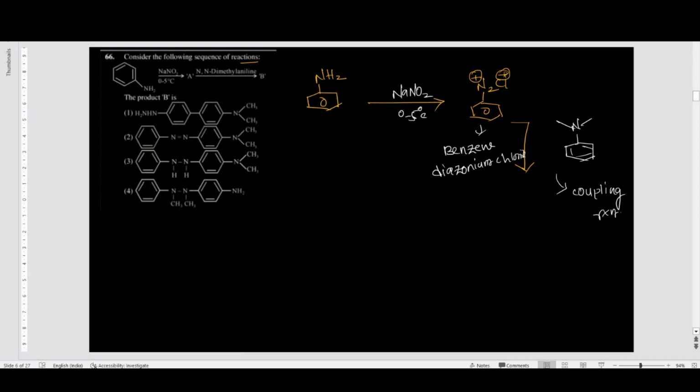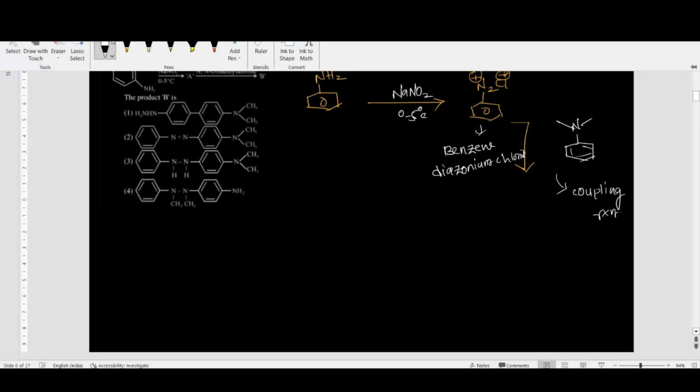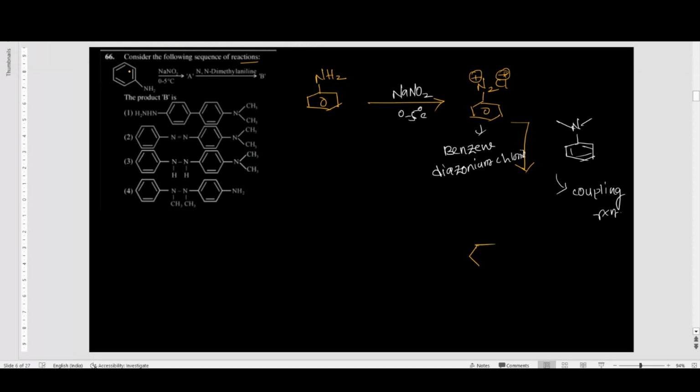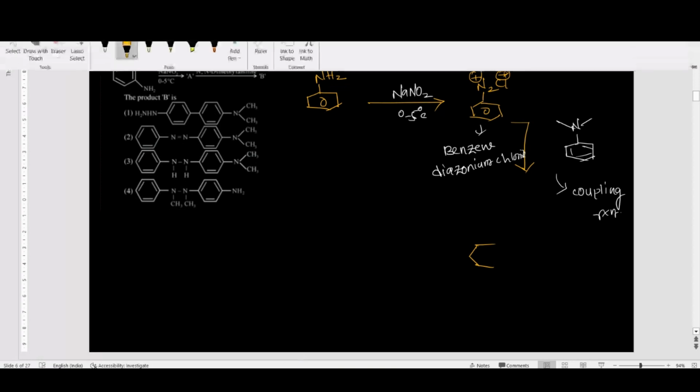As we know, this group is an electron donating group, so here it will get negative charge and this will attack the nitrogen. If you want the detailed mechanism, just let me know in the comment section, I'll make a separate video for that. Then simply an azo linkage formation takes place this way.